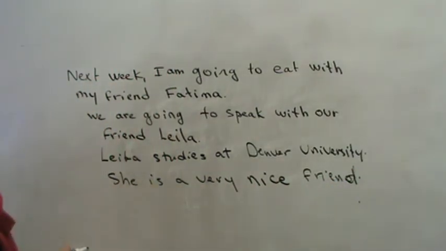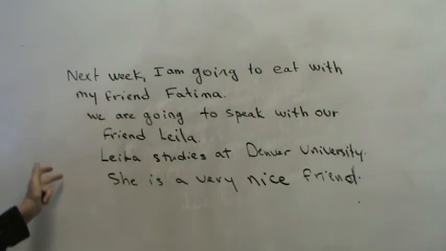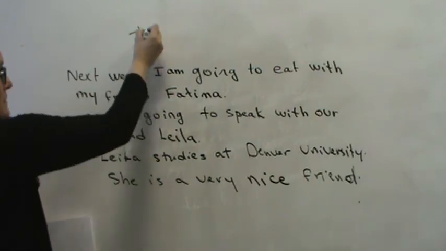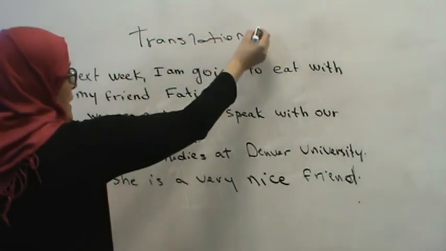So next week I am going to eat with my friend Fatima. We are going to speak with our friend Layla. Layla studies at the Denver University. She is a very nice friend. So what I'm going to ask you to do is translate this, like translation practice, okay?